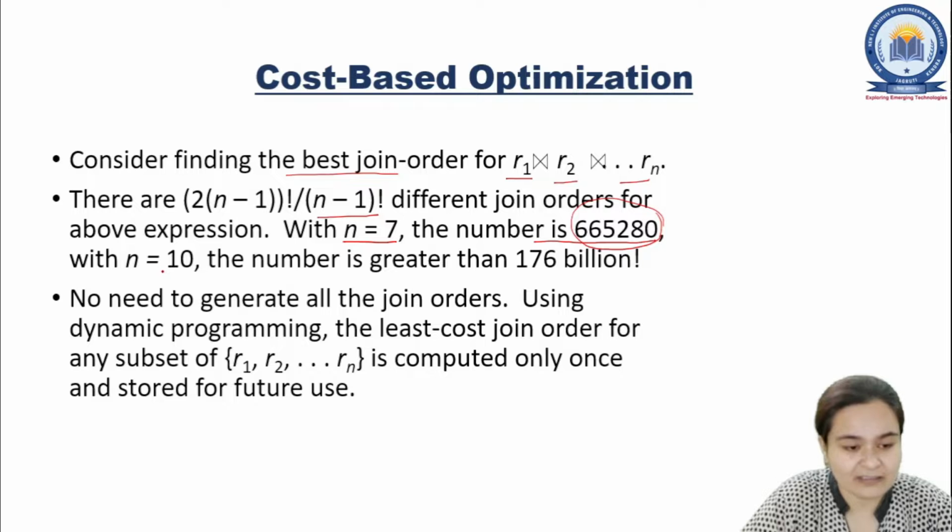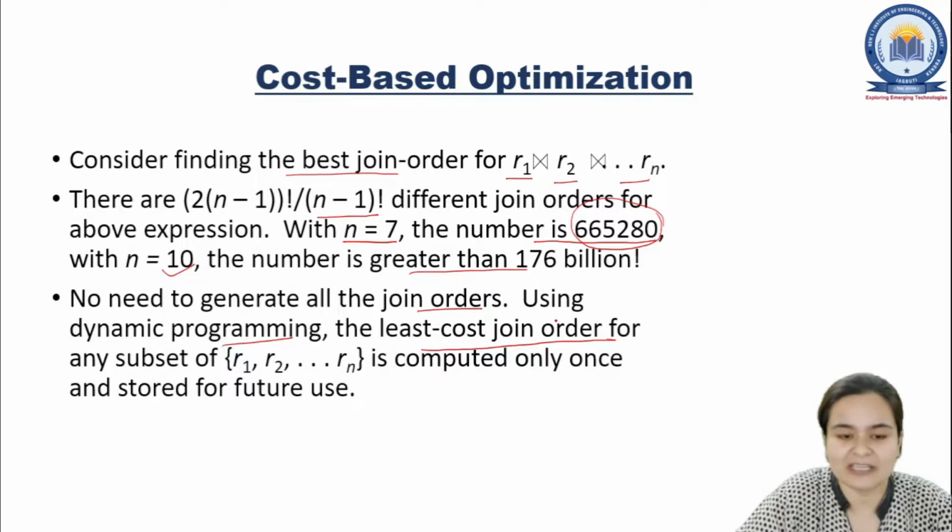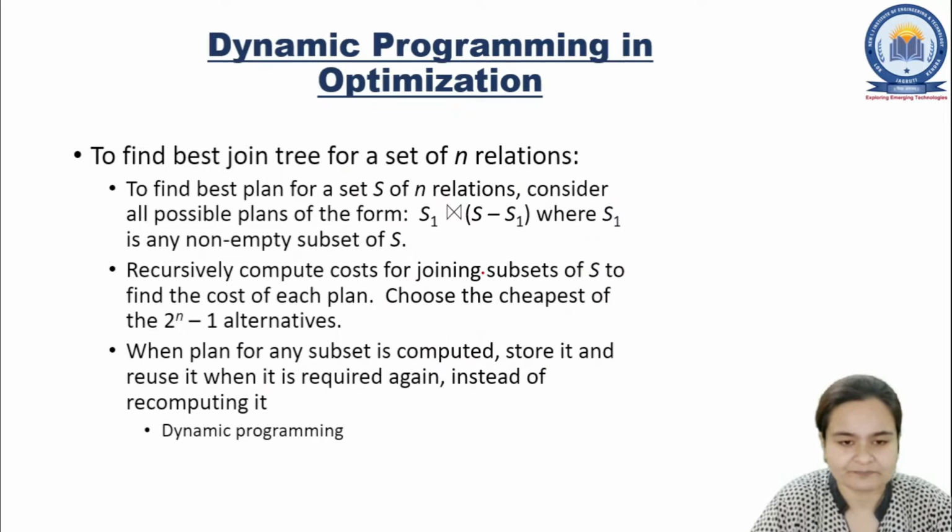If n is 10, then the number will be even higher, 176 billion. So we need to generate all the join orders using dynamic programming, and the least cost join order for the subset of R1 to Rn has to be computed once, and it can be stored for future use.